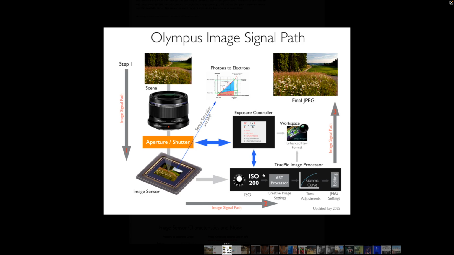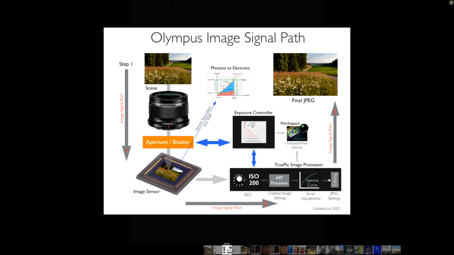I normally treat my photography in stages. This is outside, like I said. This is inside the camera. So while I'm photographing, I can do color changes or tonal changes. The gamma curve here is basically tonal changes. The art processor gives me access to the color processing inside the processor.